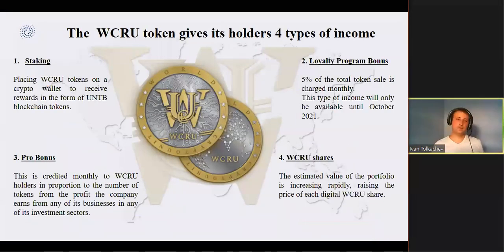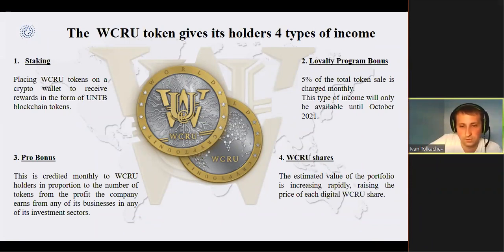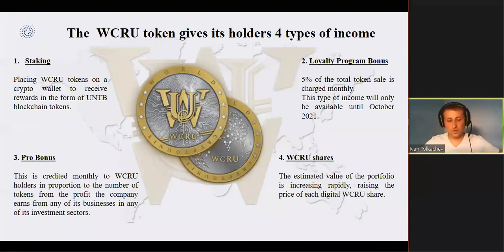Next slide, please. And the WCRU token is a dividend generating token. It provides 4 types of income to its holders. The first one is from staking, meaning that you may stake WCRU, and we remember that the peculiarity of the mining algorithm is the staking capacity.